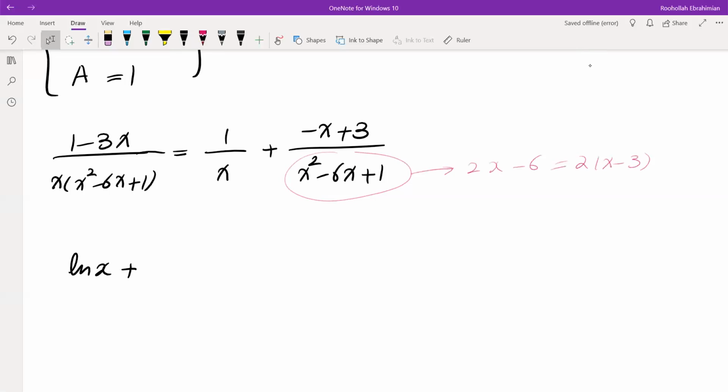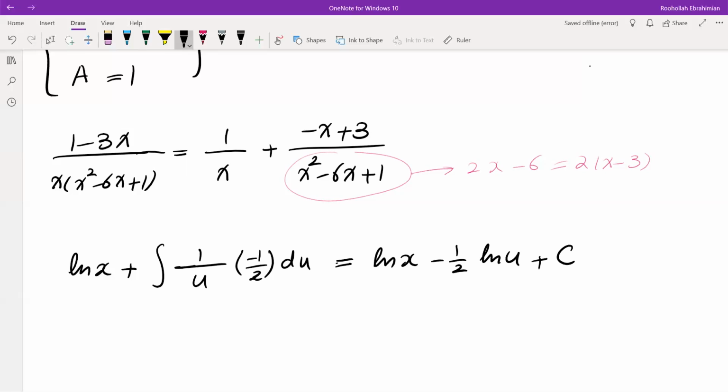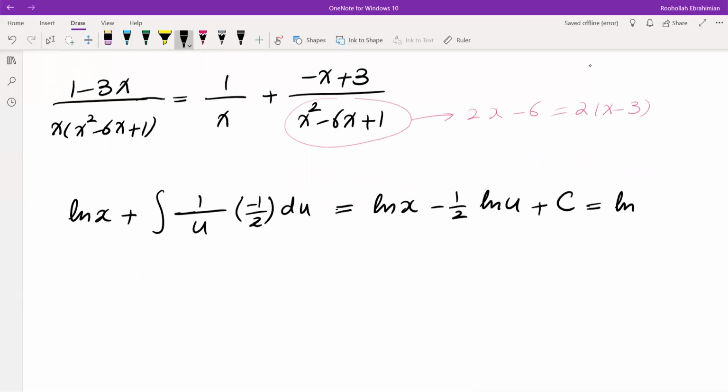So I guess it's like negative 2 times the top. So natural log of x plus, if you want to do u substitution, that might be a good idea. So I'll do u here for the denominator, and the numerator is going to be minus 1/2 du. So that would be natural log of x minus 1/2 natural log of u plus a constant. So that is natural log of x over root u plus a constant.